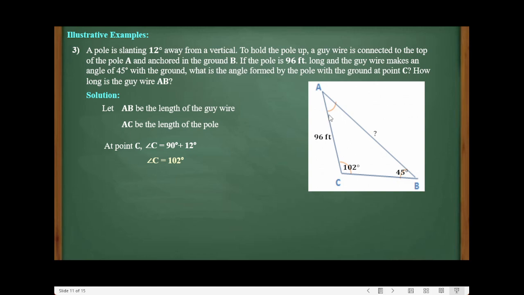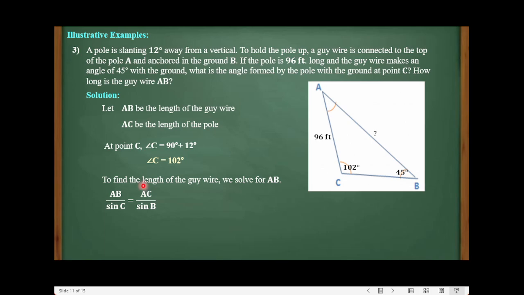Among those three unknown parts, the problem is only asking for this length, which happens to be the guy wire, the length denoted by segment AB. So basically we use the law of sines here.